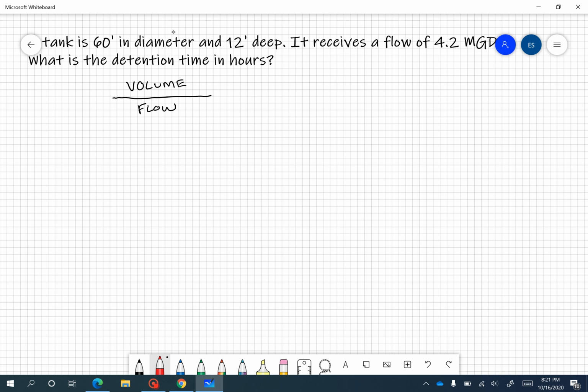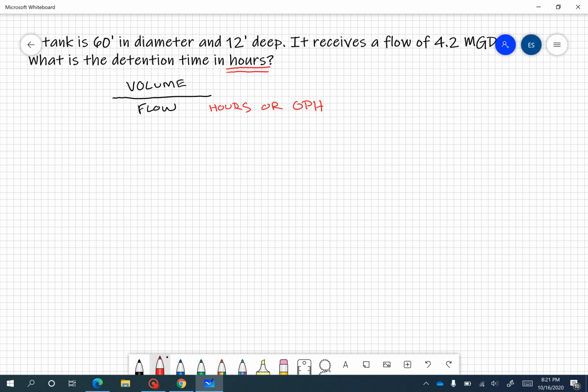So in our example problem here, they want the detention time in hours, which means that I have to convert flow into hours, or gallons per hour, in order to calculate the detention time.